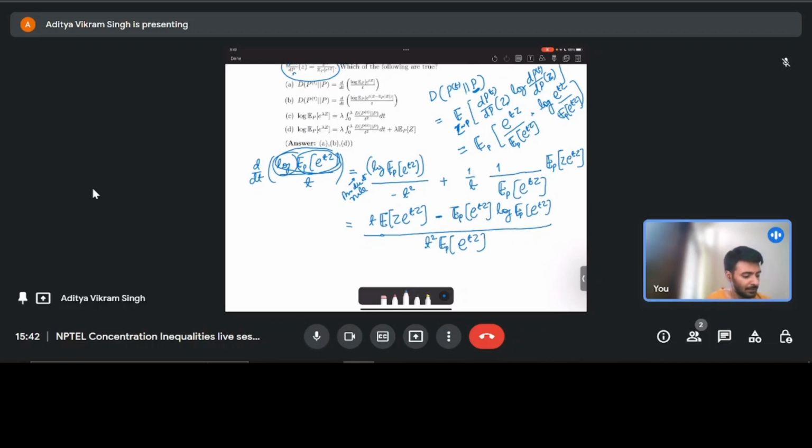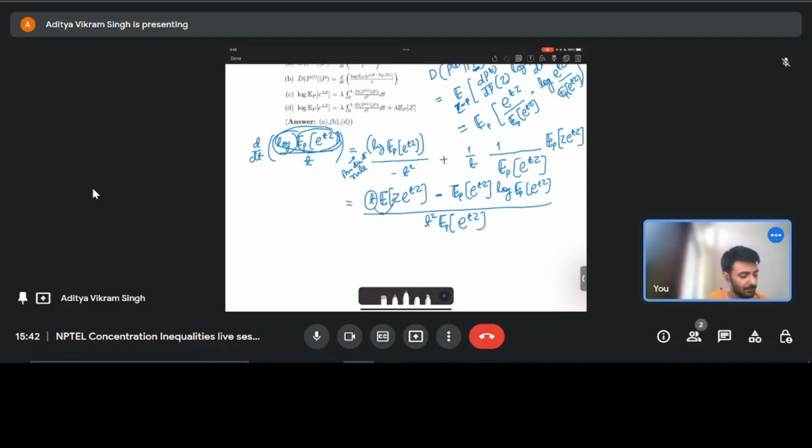We can take this t inside, right? So basically what we have is the expected value of e^(tZ) log e^(tZ), right? So I'm taking t inside and writing tZ as log e^(tZ), minus expected value of e^(tZ) log expected value of e^(tZ), by this quantity.